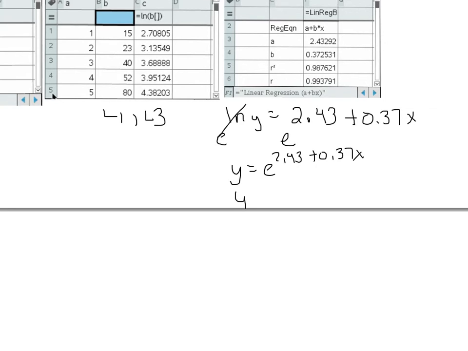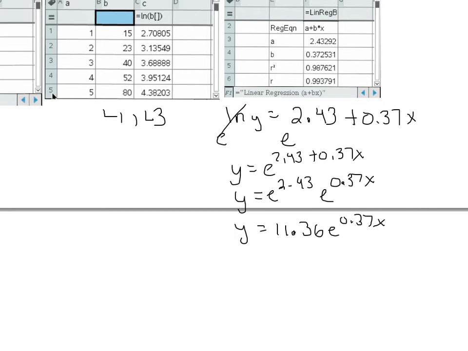So I can change this to y equals e to the 2.43 times e to the 0.37x. I use the calculator and do e to the 2.43. You get y equals 11.36 e to the 0.37x. So there's our exponential equation.